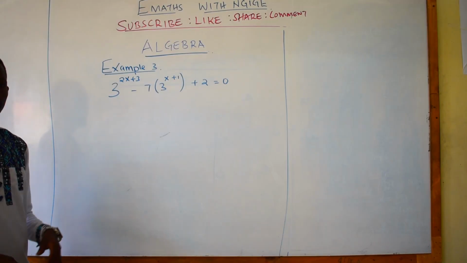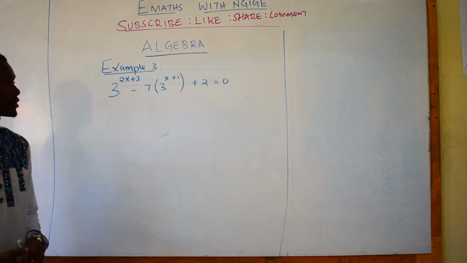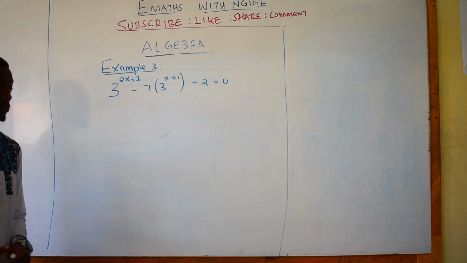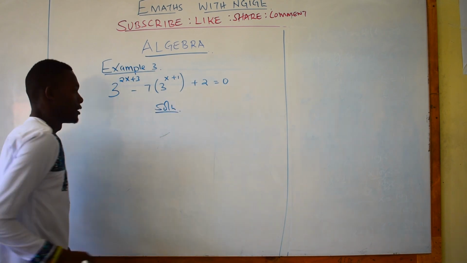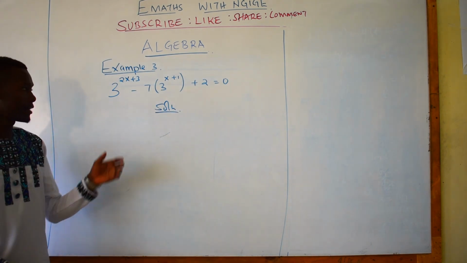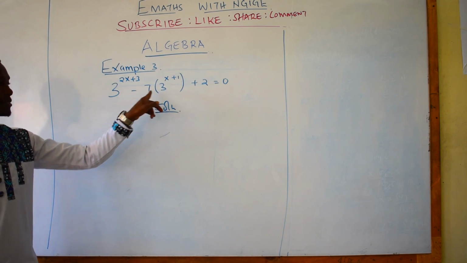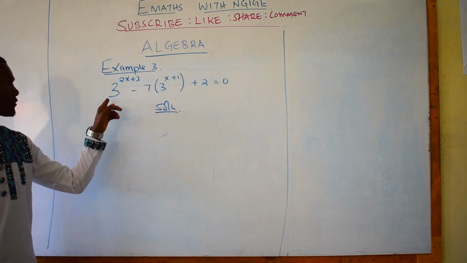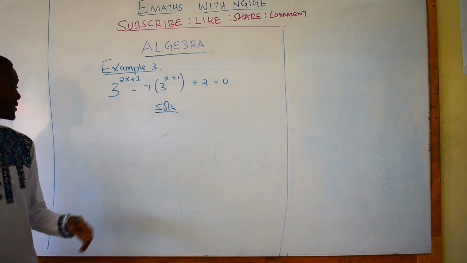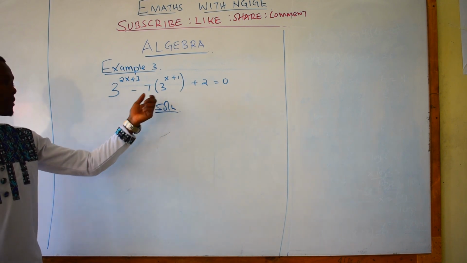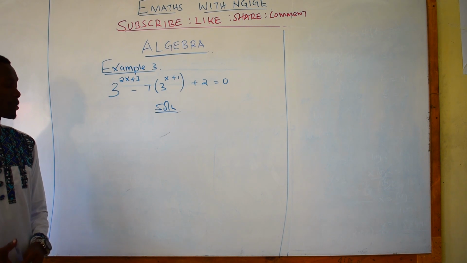Now, let's take the last example as we find how to reduce any equation to a quadratic equation. Now, solution. If you look at these three terms, there is a common base that appears here. But we shall have to simplify this first using the laws of indices, then reduce it to a quadratic equation.